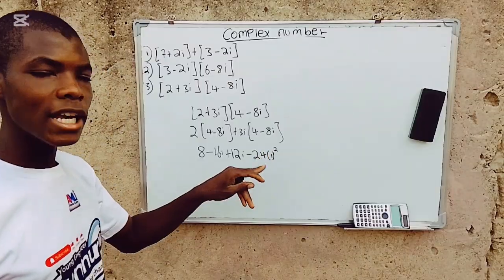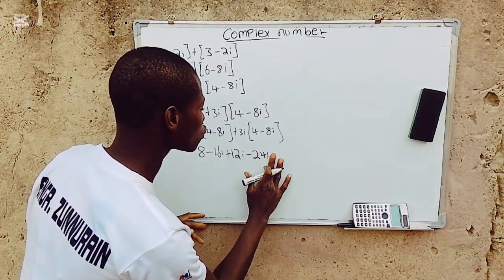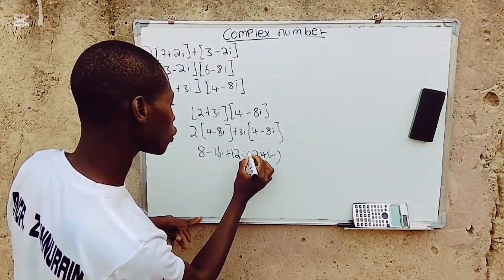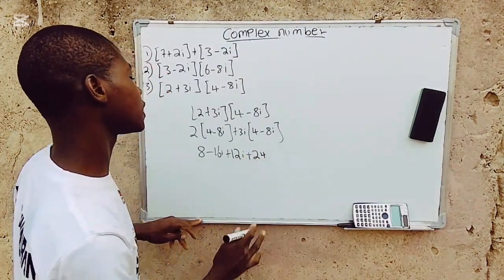Since i squared is the same thing as negative 1, I multiply it by negative 1, it becomes positive, and I delete the negative 1.